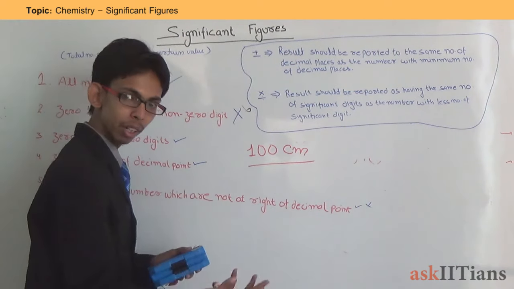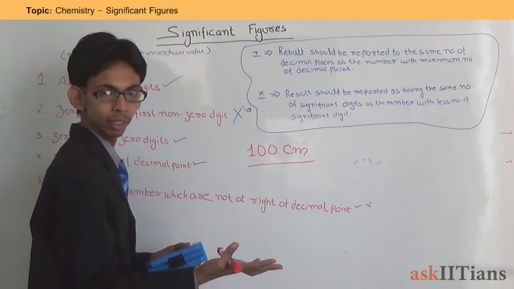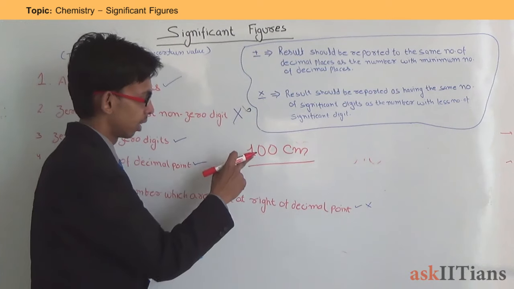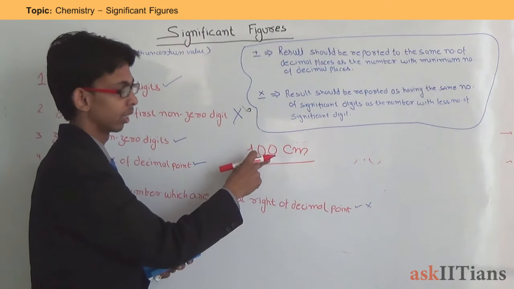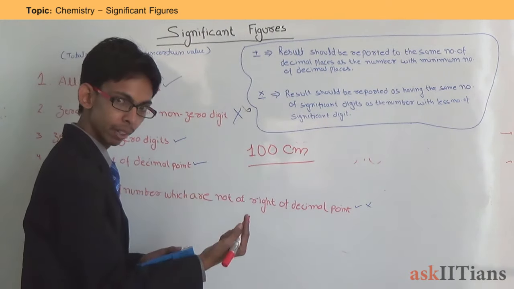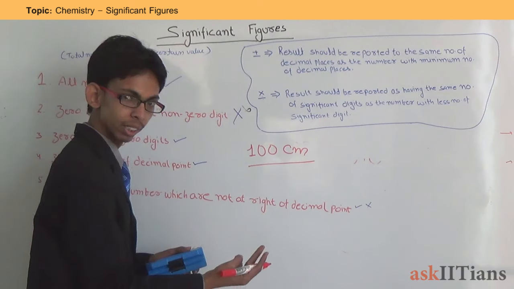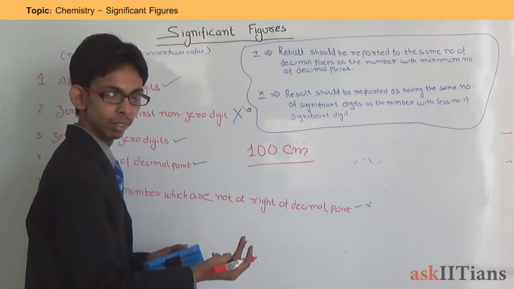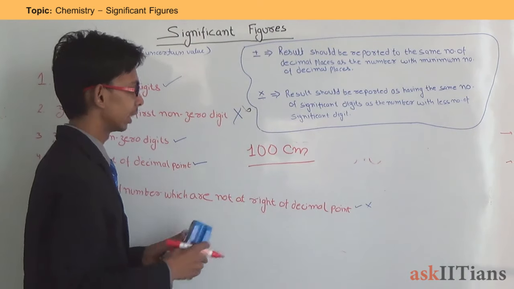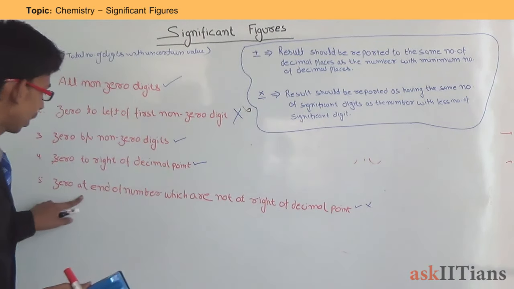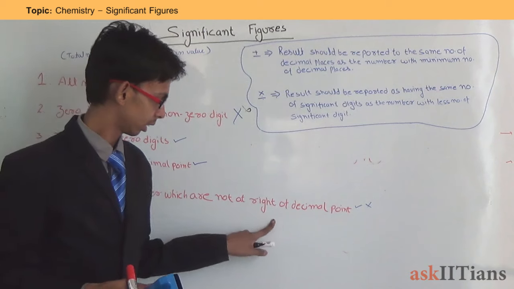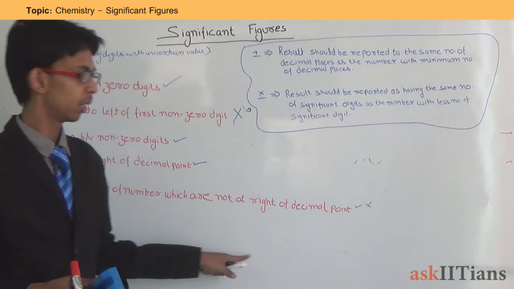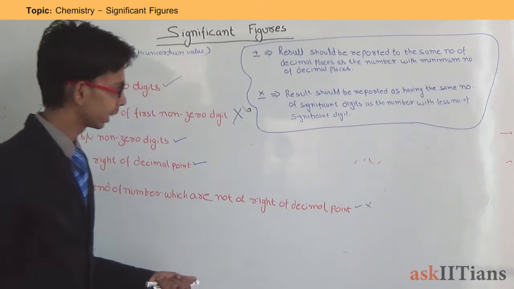These may or may not be significant. 100 may have one significant digit, it may have two significant digits, or we can also call it three significant digits. That means the 0s at the end of a number which are not to the right of the decimal point may or may not be significant.